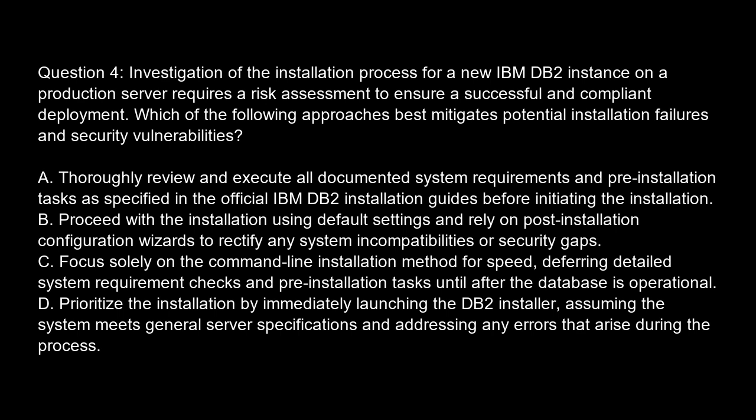Option C. Focus solely on the command line installation method for speed, deferring detailed system requirement checks and pre-installation tasks until after the database is operational. Option D. Prioritize the installation by immediately launching the DB2 installer, assuming the system meets general server specifications and addressing any errors that arise during the process.